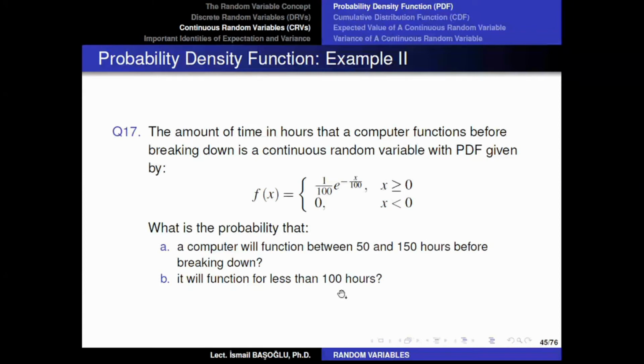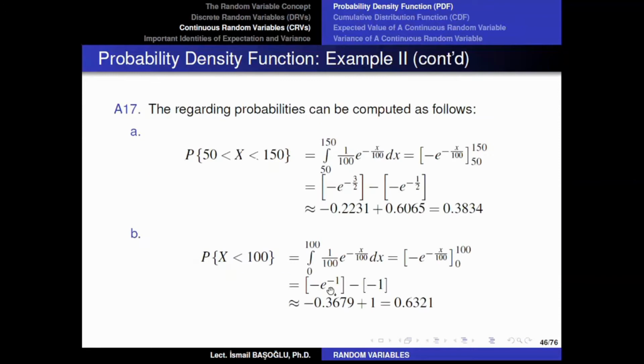So this time we are going to integrate the PDF from minus infinity to 100, because this interval is minus infinity to 100. However, because our random variable can never take negative values, we simply are going to integrate the above function from 0 to 100. So for the first part, I'm just going to integrate this PDF.